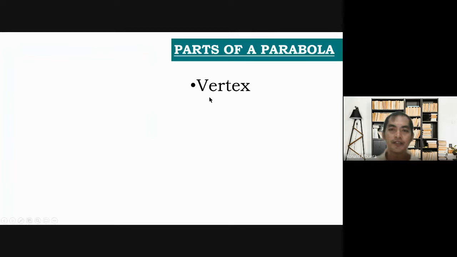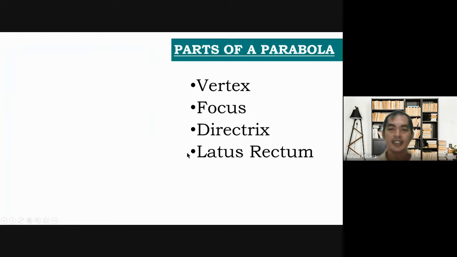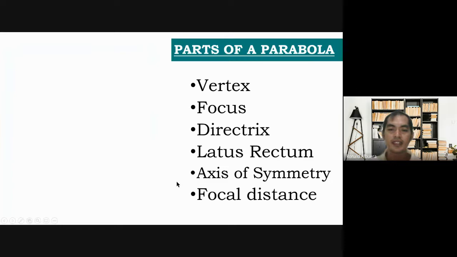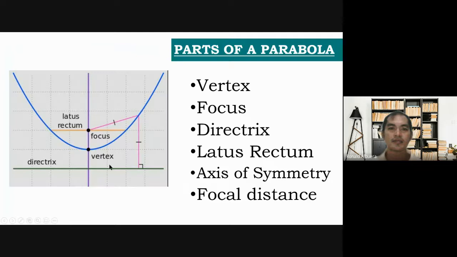First, the vertex. Second, the focus. Another, directrix. Next, the latus rectum. Next, axis of symmetry. And the focal distance. So we have here an illustration.